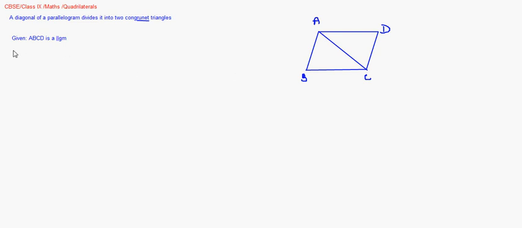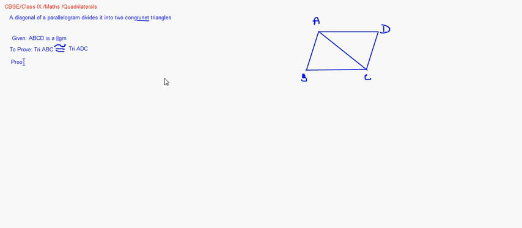We have to prove triangle ABC is congruent to triangle ADC. How do we prove it?